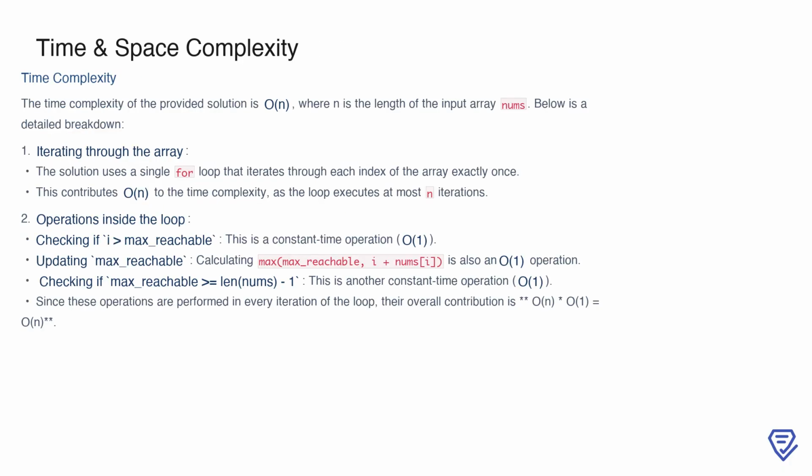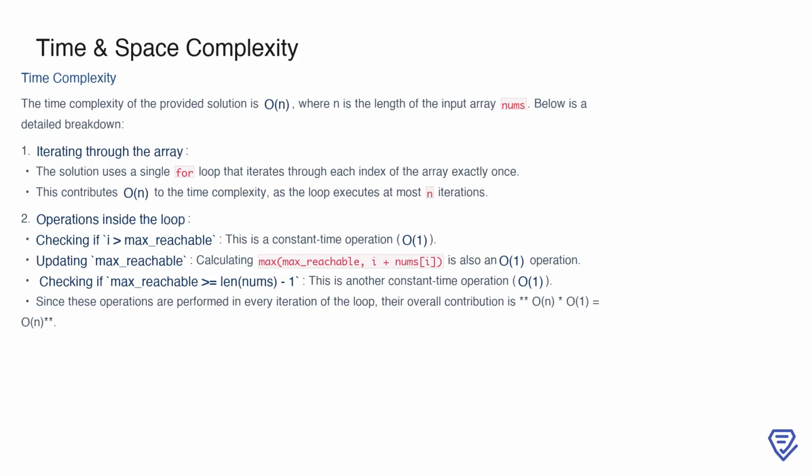The time complexity of this solution is O(n), where n represents the length of the input array. This efficiency is achieved because we use a single for loop that iterates over the array exactly once. Each iteration performs a set of constant time operations. For example, checking if the current index exceeds the maximum reachable position is an O(1) operation, as is updating the maximum reachable index using the formula max_reachable = max(max_reachable, i + nums[i]).